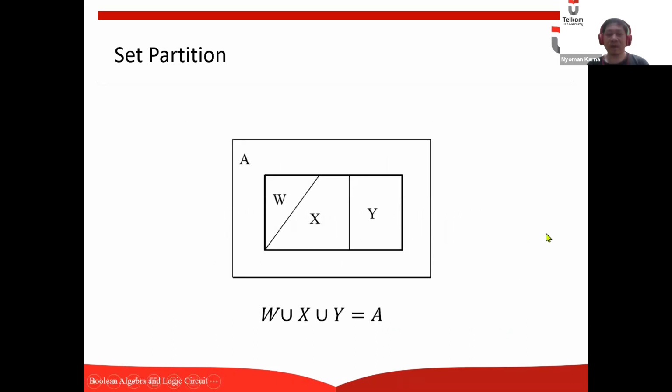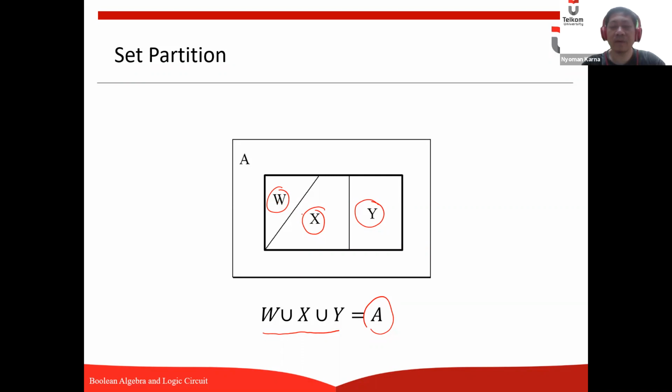This is the explanation about partition. As we can see in here, we have sets W, X, and Y. If we union all these three sets, W union X union Y, it's called set A. That means W, X, and Y are exhaustive from A. And then we can also see that W, X, and Y have no intersection.